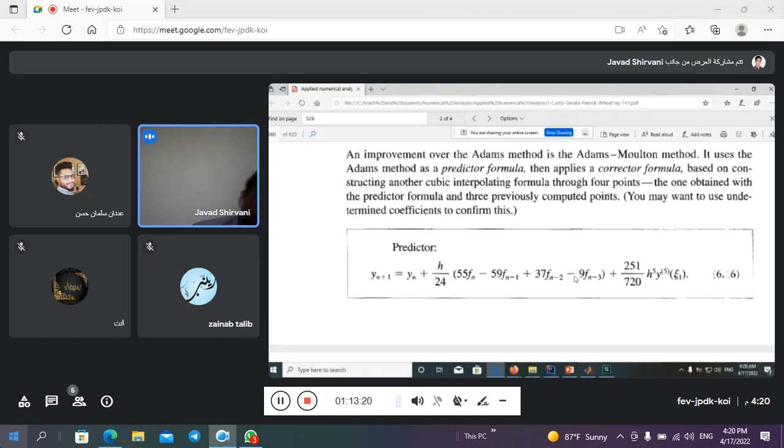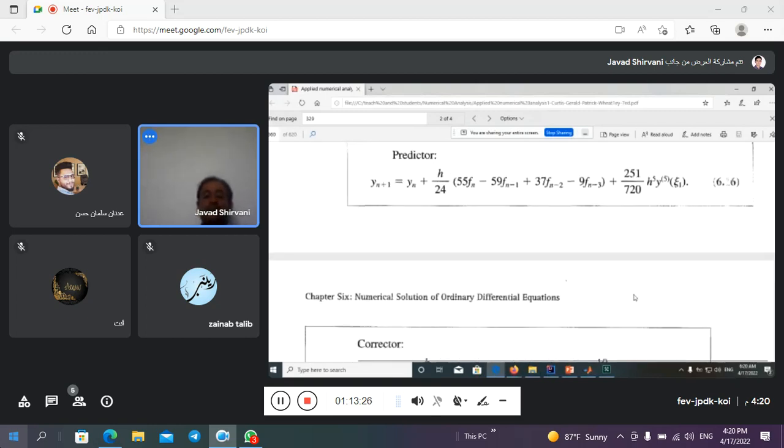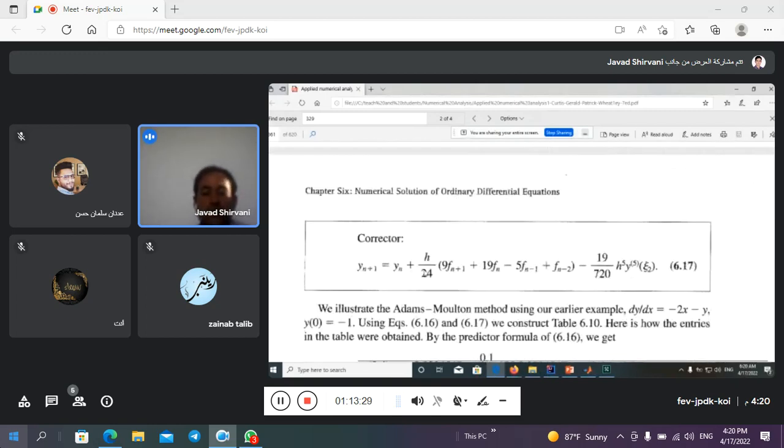And let me show you the corrector formula. This is another cubic interpolation of function f, which is Yn plus 1 equals Yn plus h divided by 24, 9 Fn plus 1 plus 19 Fn minus 5 Fn minus 1 plus Fn minus 2.